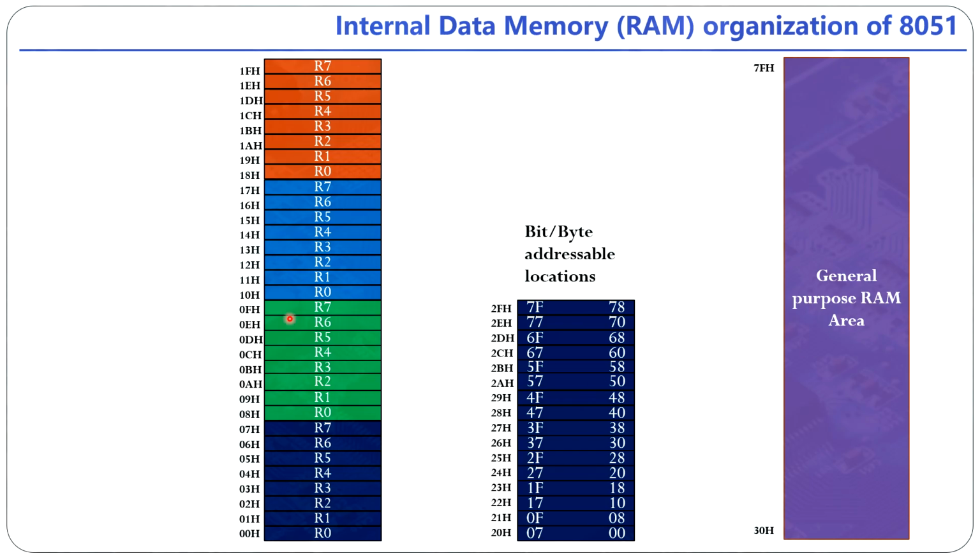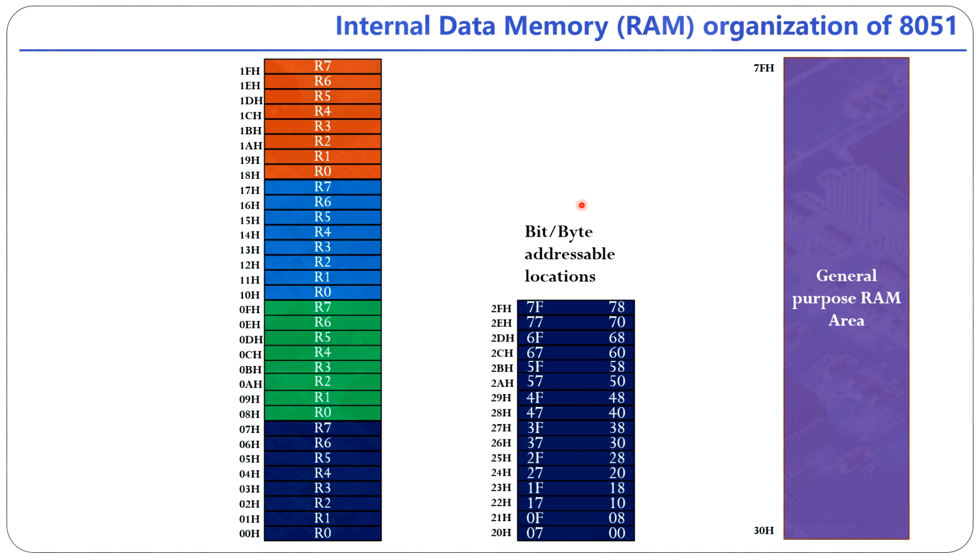These areas are for register purposes, this area is for the bit byte addressable location, and this area is for the general purpose RAM area. Locations are given here, also here, and also here. 30H to 7FH. These are the locations of the 8051 microcontroller RAM.